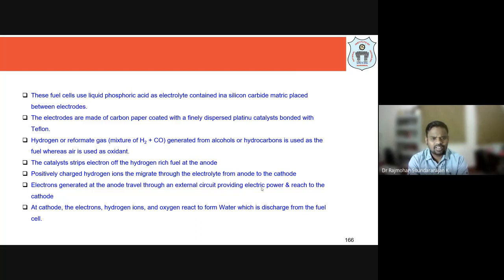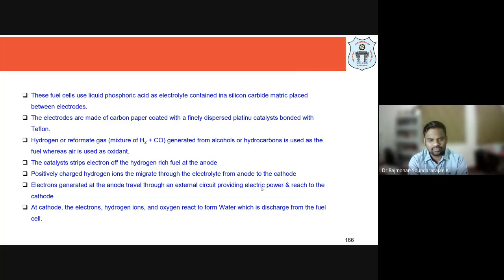Hydrogen or any hydrogen containing gases, which may be produced from any alcohol or hydrocarbon, even hydrocarbon, is used as the fuel, whereas mostly oxygen or air is used as the oxidant. And the catalyst strips the electrons of the hydrogen rich fuel at the anode.